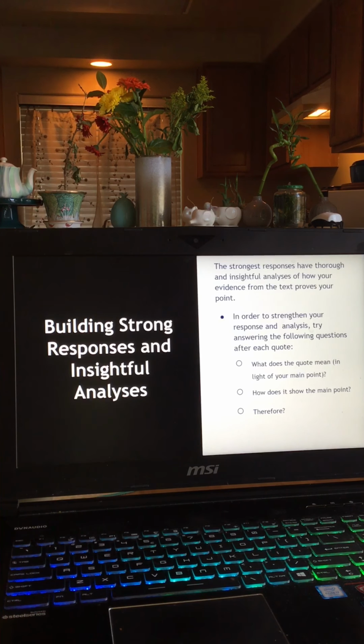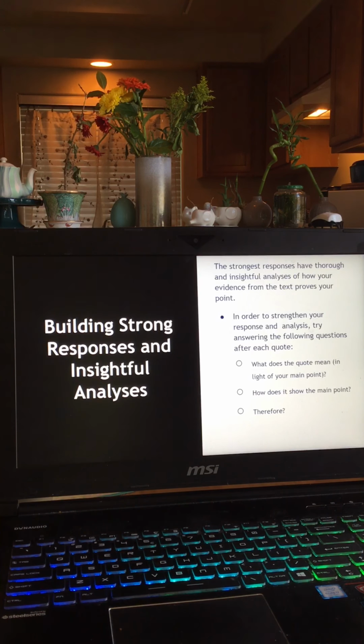So you're going to ask yourself, what does the quote mean in context of my main point? How does it show my main point? And therefore, after your reader has read your answer to a prompt and read your evidence, what are they supposed to understand? What is the therefore that they're supposed to walk away with?